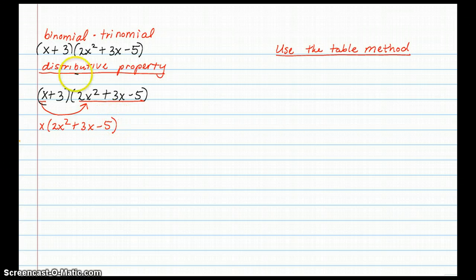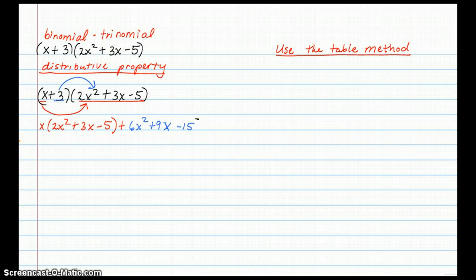And then you take your 3 right here, and you also multiply it by the trinomial. But we're going to add those together. So plus, because you're going to combine them, 3 times 2x squared is 6x squared. 3 times 3x is 9x. 3 times negative 5 is going to be minus 15.